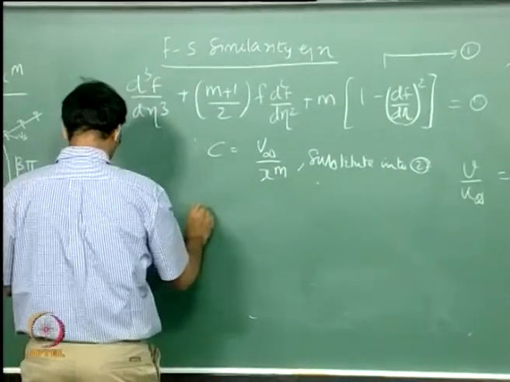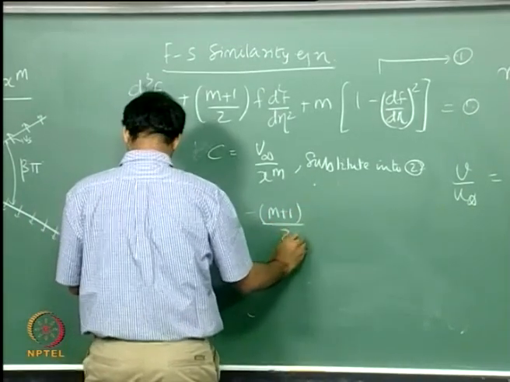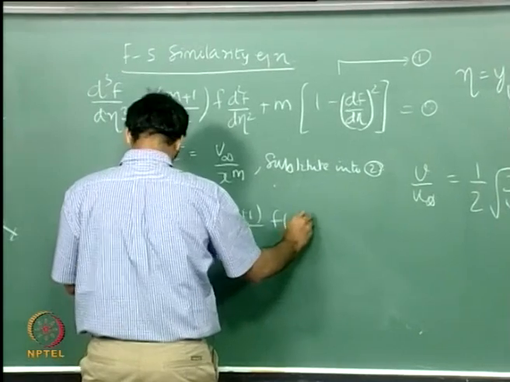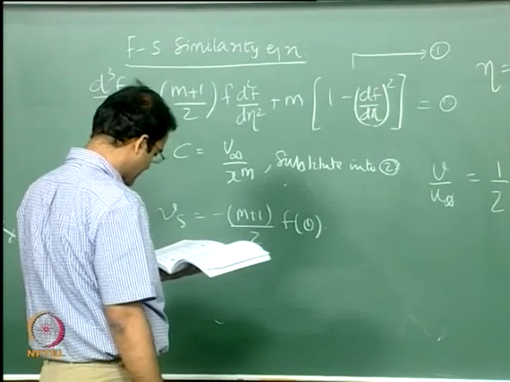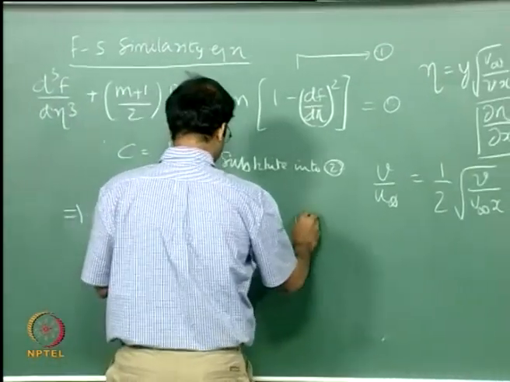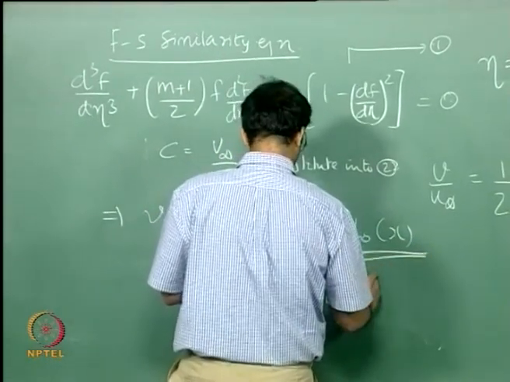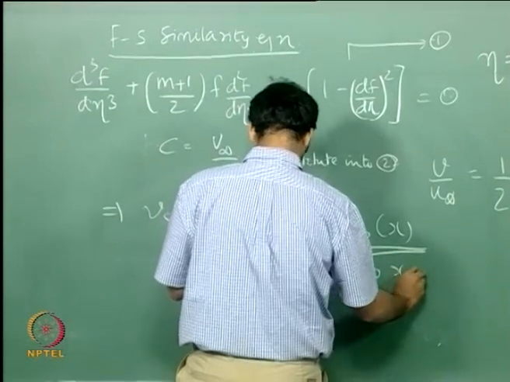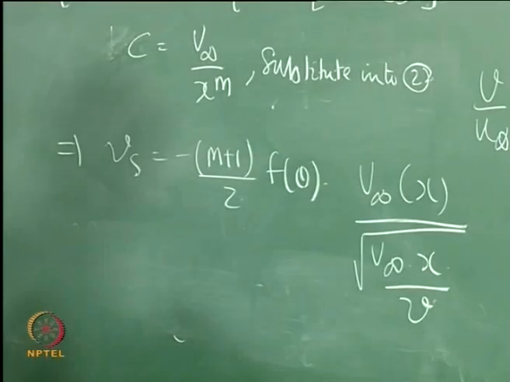So that will give you Vs as minus (m plus 1) by 2 into f of 0 into, if you multiply and divide by u infinity, I think you should be getting something like u infinity of x by square root of u infinity into x by nu, okay. You please check if this is correct, u infinity by x power m.